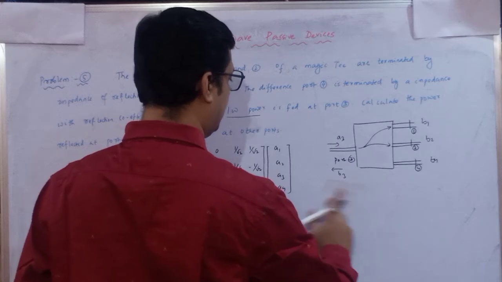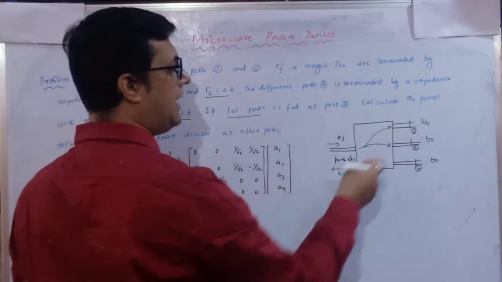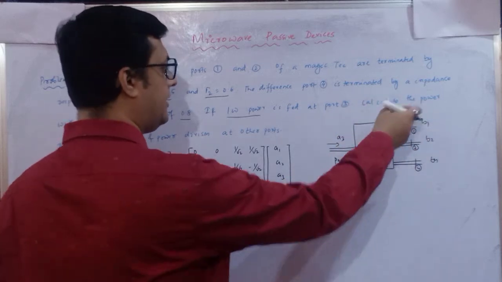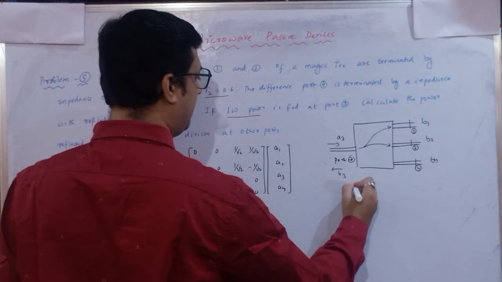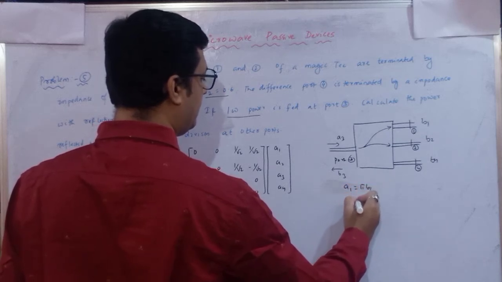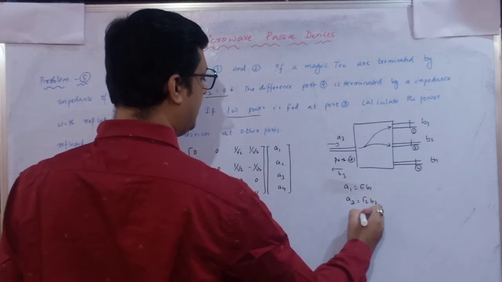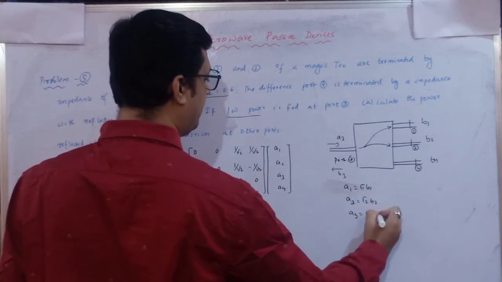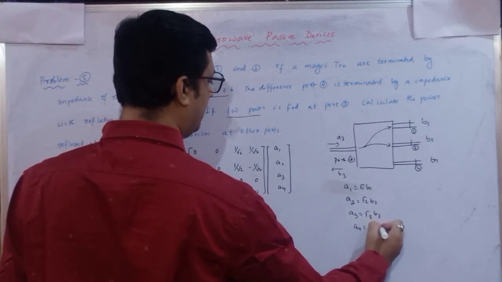So here the power is given with respect to port 1, so B1 will act as an output and A1 will act as a reflected wave. So A1 is equal to eta 1 into B1, A2 is equal to eta 2 into B2, A3 is equal to eta 3 into B3 and A4 is equal to eta 4 into B4.